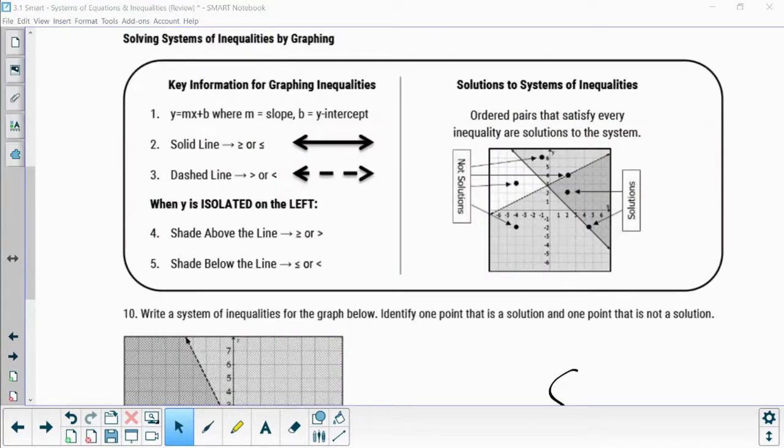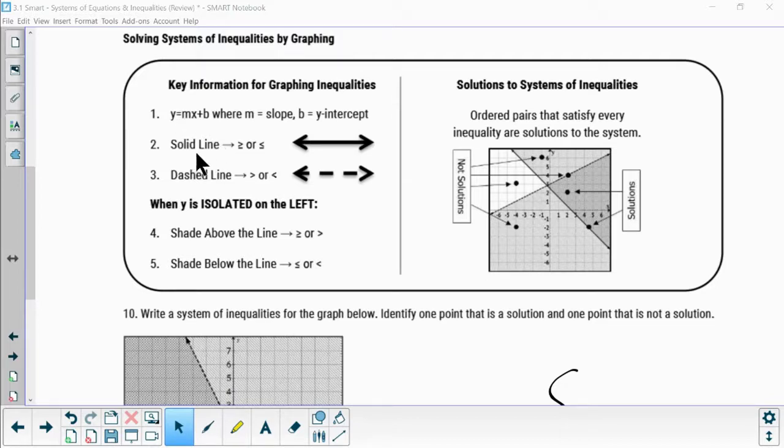Now let's talk about solving systems of inequalities by graphing. So some key information. You are going to treat these as if they are linear equations. M is going to be your slope, B is going to be your y-intercept. The only difference is this equal to sign is going to be replaced by an inequality. And it's going to tell us a couple of things.